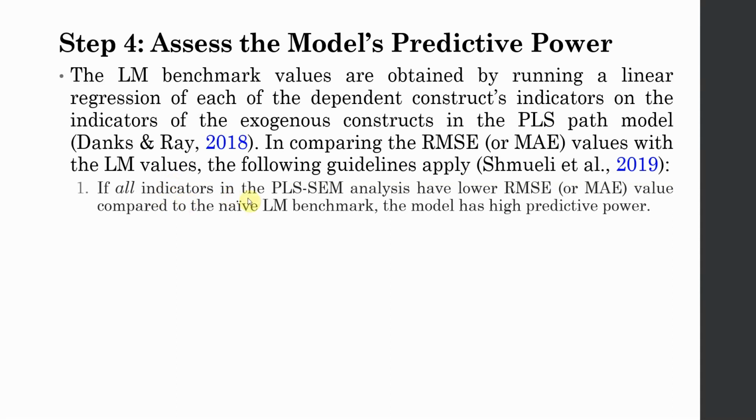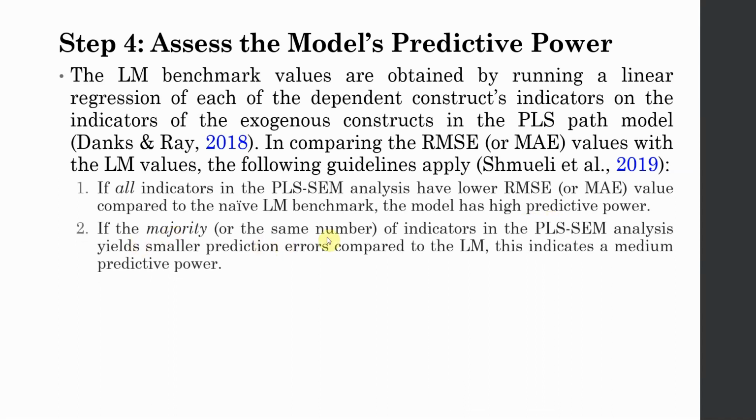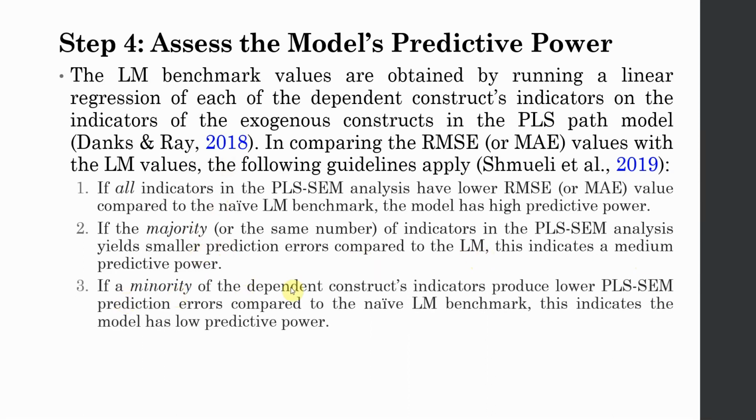Now, when all the indicators in the PLS-SEM analysis have lower RMSE or MAE values compared to the naive LM benchmark, the model has high predictive power. If the majority or the same number of indicators in the PLS-SEM analysis yield smaller prediction errors, not all but the majority, then you've got medium predictive power. If a minority of the construct's indicators produce lower PLS-SEM errors compared to the naive LM benchmark, this indicates low predictive power.